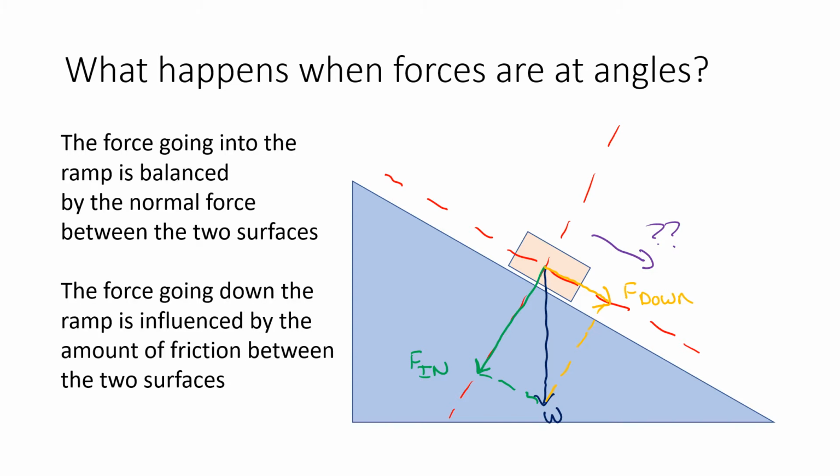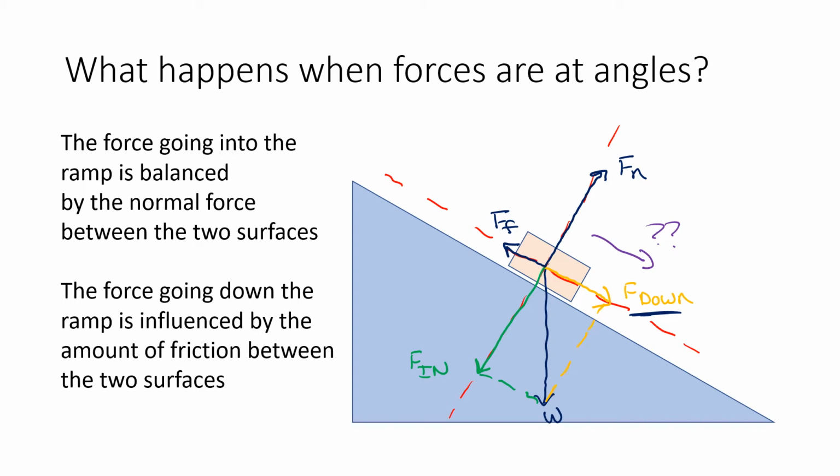The force going into the ramp is balanced out by the normal force between the block and the ramp. So this should have the exact same magnitude and be in the exact opposite direction, remembering that the normal force is always perpendicular to the surface. And then this F down is going to be influenced by how much friction there is between the two surfaces. So there's the force of friction right there.